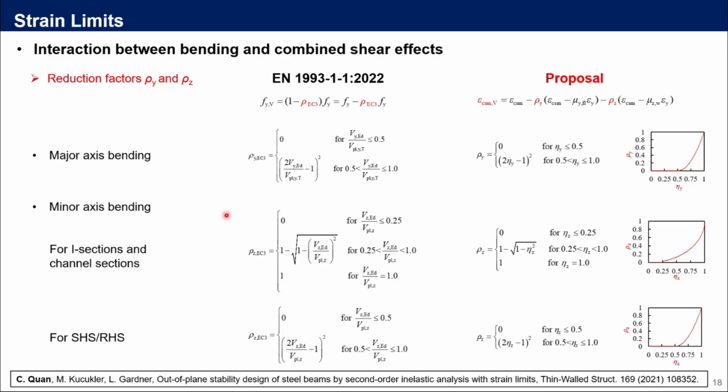So in the steel member design, according to Eurocode, we should use this shear reduced yield strength to determine the cross-sectional bending resistance.